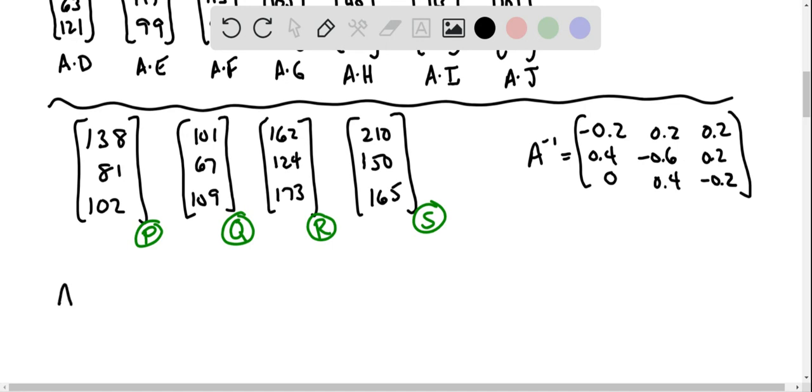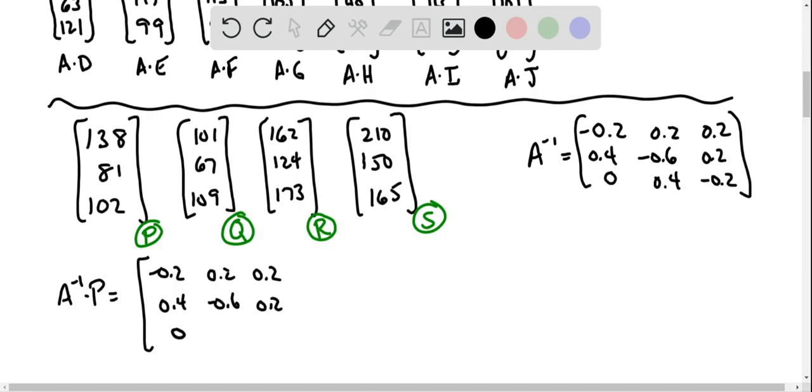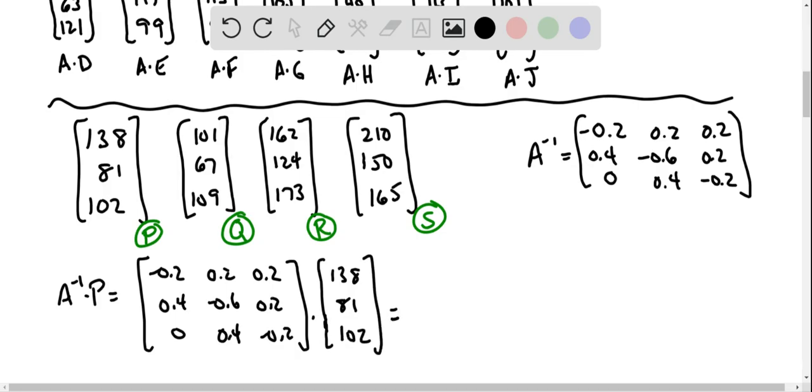Let's take the inverse matrix times P. So I write my inverse matrix. And I'm going to multiply that by P, which is 138, 81, 102. Okay. So let's see what that gives us. That will end up with a 3 by 1 matrix.